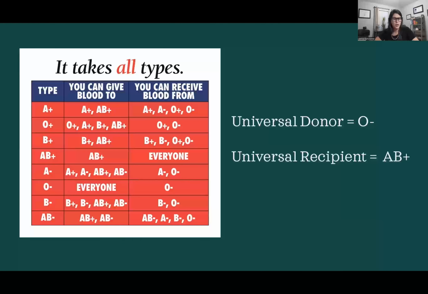Here's a little chart so you can tell, okay, I am A positive, I can give to, and I can receive from, all right? So if you don't know what your blood type is, I encourage you to look it up, find it, go donate blood and see what it is.